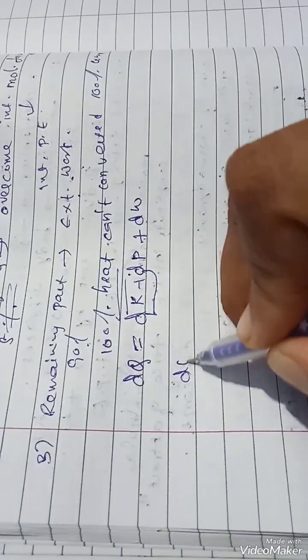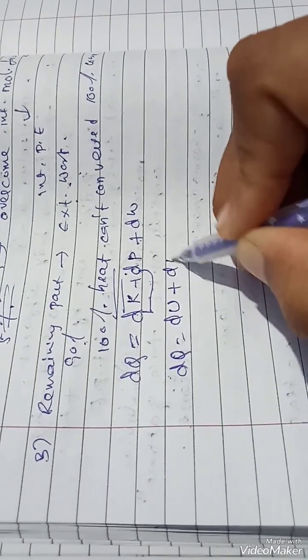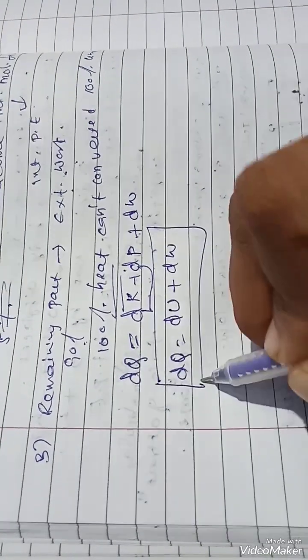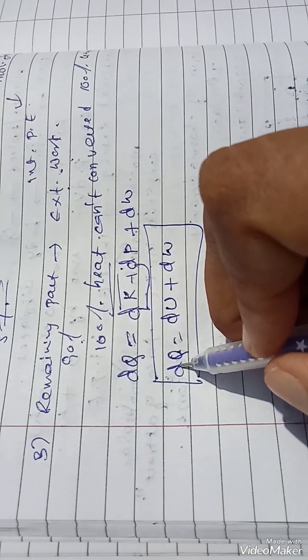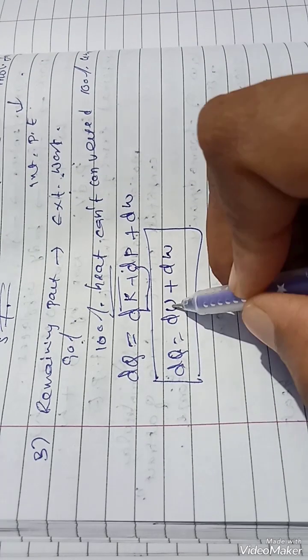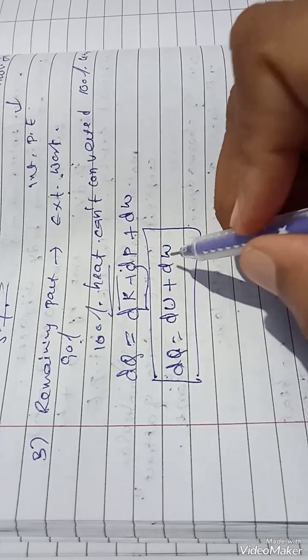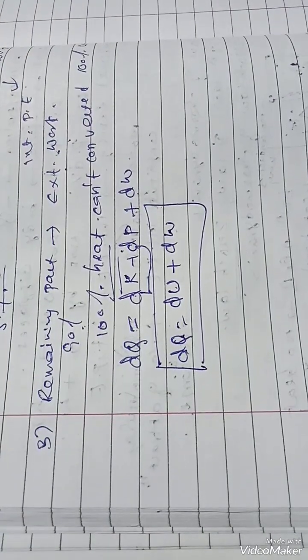This internal kinetic energy plus potential energy, we call internal energy, plus W. So the first law of thermodynamics says that the heat supplied to the system in all transformations is equal to the rise in internal energy plus the external work done.